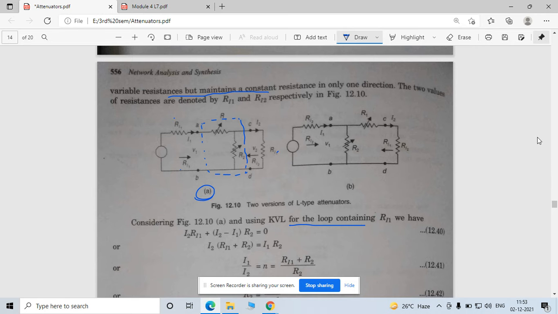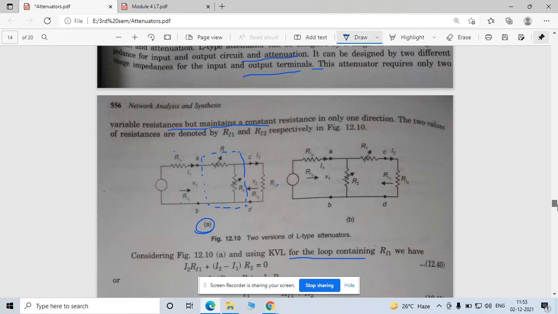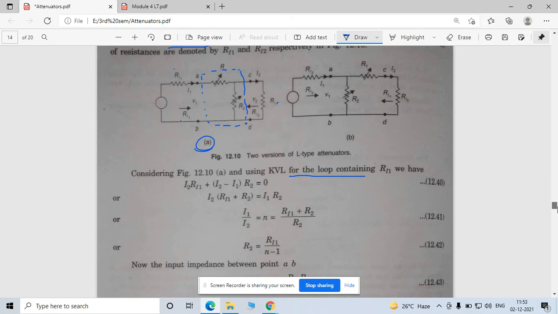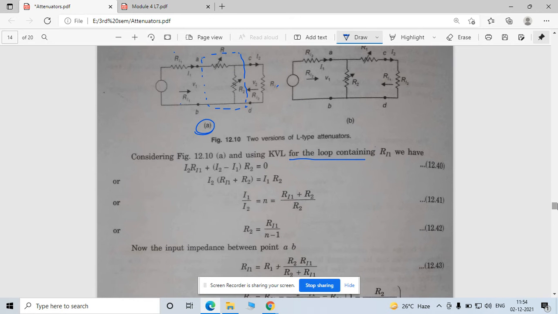Whatever circuits we are discussing today are nothing but the standard equations of different types of attenuators, right? At least you have to know the standard equation or the circuit for this attenuator, by which you can easily derive these equations by comparing to your basic lattice network.